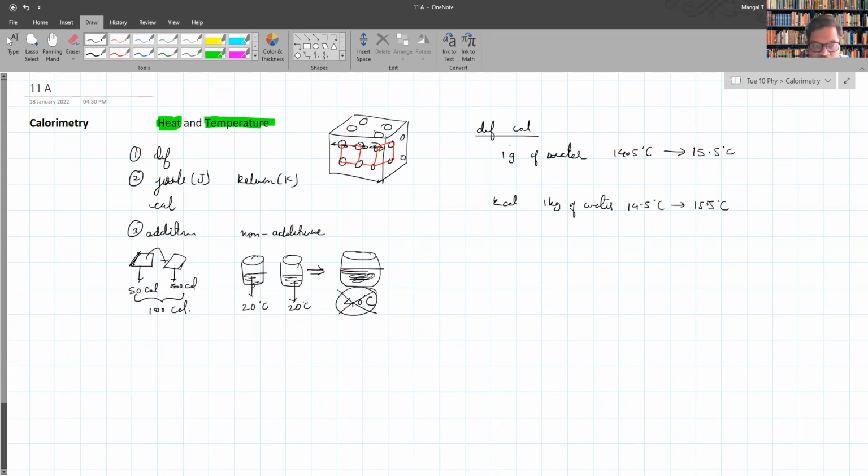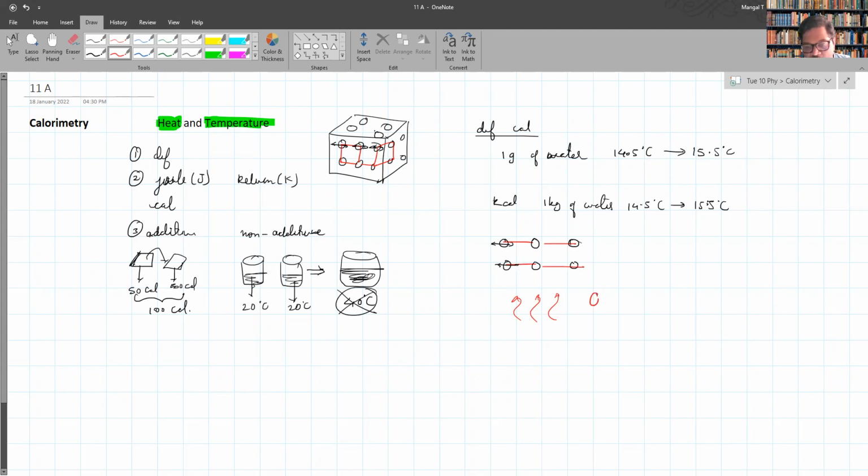When heat is supplied to a substance, like the substances I've drawn over here, primarily the vibration of the molecules will increase. Plus, they will also try to increase the separation between them.